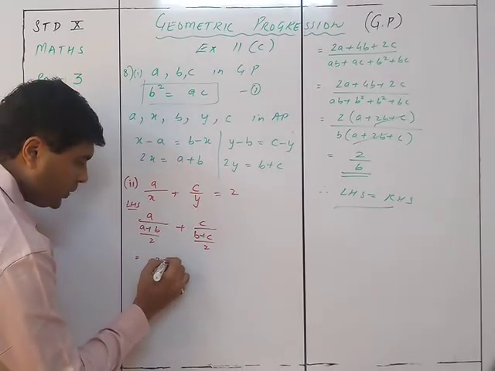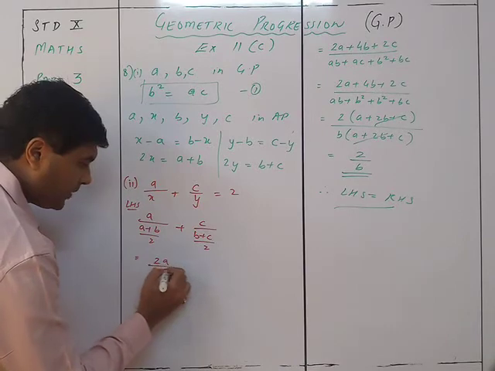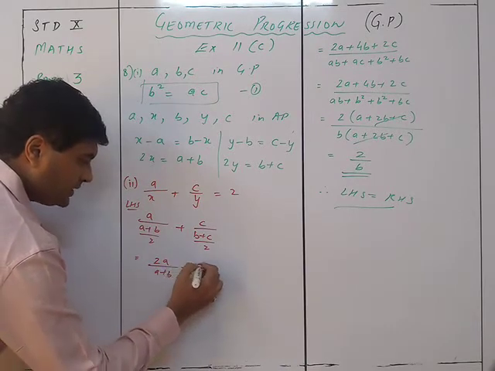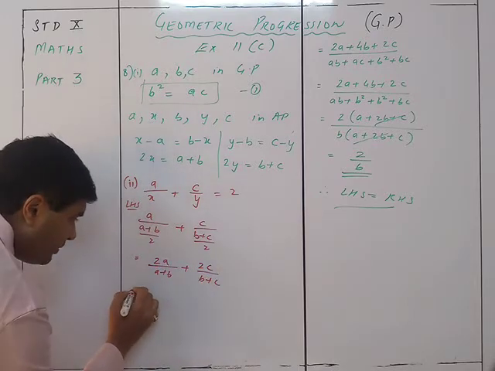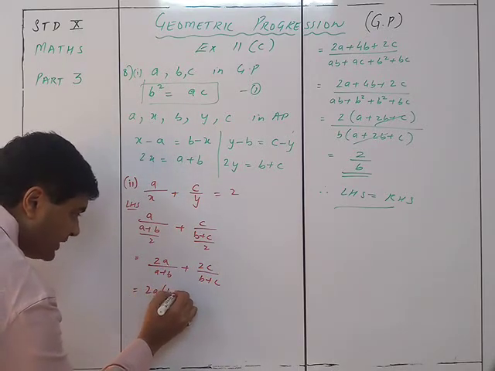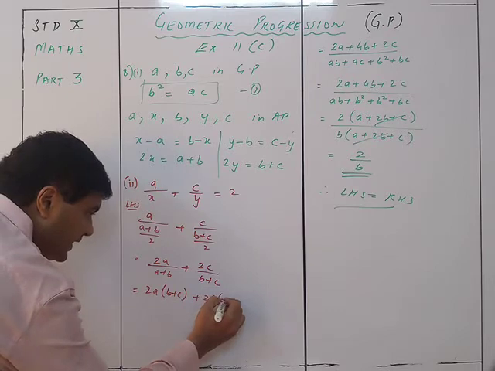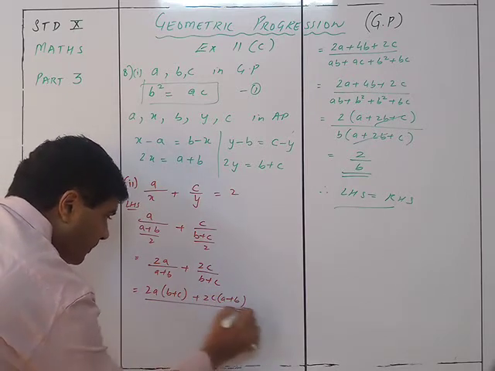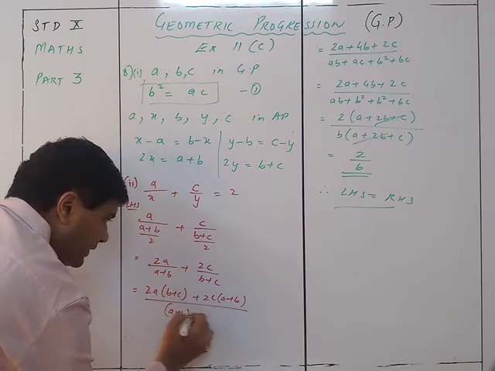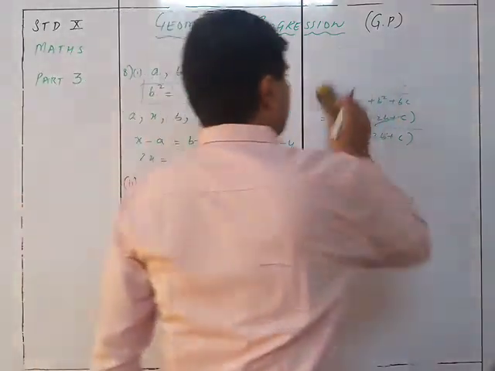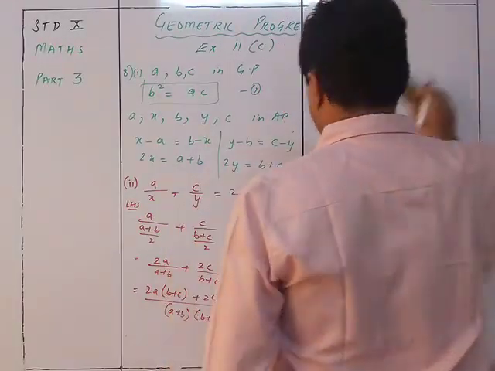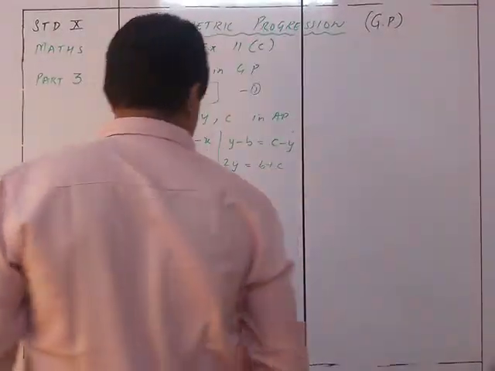That will give me 2A upon A plus B plus 2C upon B plus C. That will give me 2A into B plus C plus 2C into A plus B upon A plus B into B plus C.